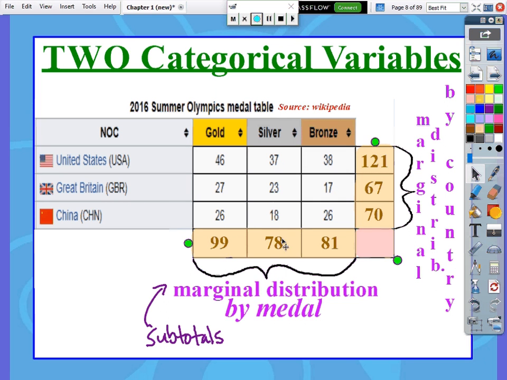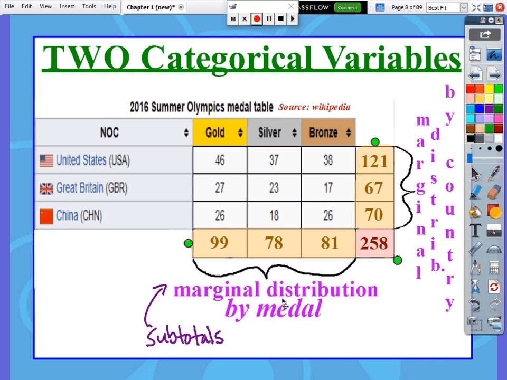There were 78 silver medals altogether and 81 bronze medals altogether. And then usually down here in the bottom right corner is really the total of all together how many medals are we talking about. So by all three countries and across all three types of medals, there were 258 total medals won by these three countries.